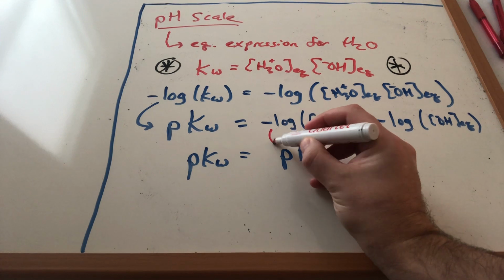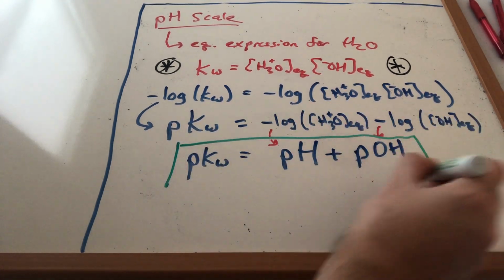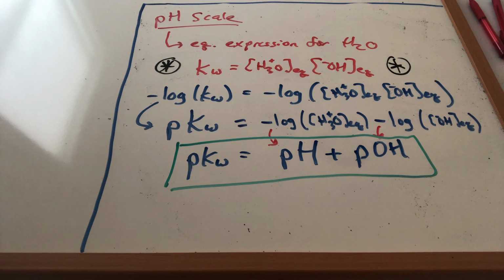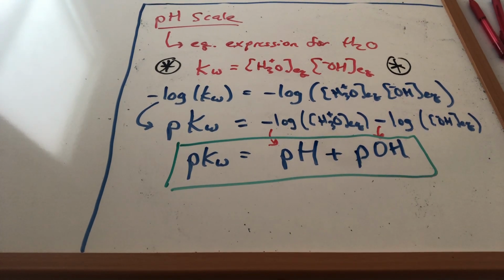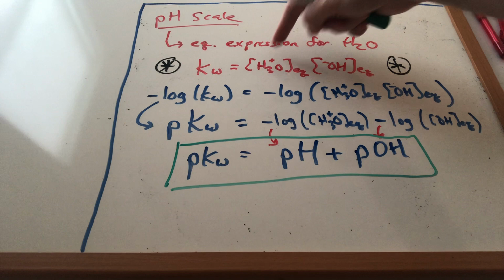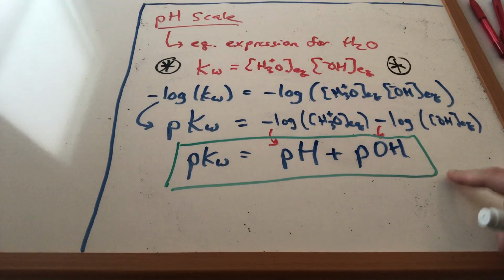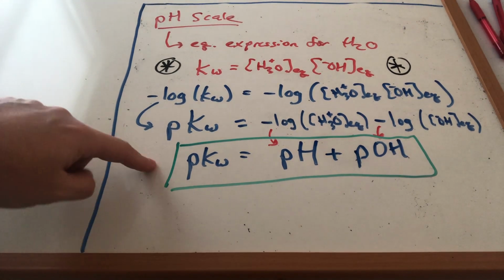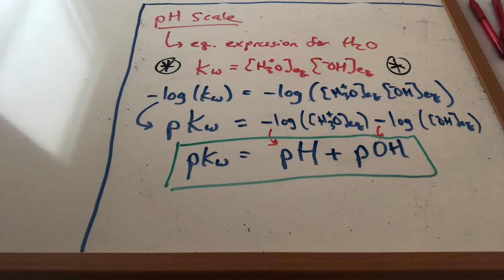Negative logs I can write as p's, and I get this very important idea: for any aqueous system, even though we're basing it in pure water, this will be true for any aqueous system, pKw is the same as pH plus pOH. Kw is the same as the H3O plus concentration times the OH minus concentration. This is also valid. It's just that this ends up being a little bit easier to use, so we establish a framework to use pH, pOH, and pKw in their relationships instead of sticking with concentrations entirely.